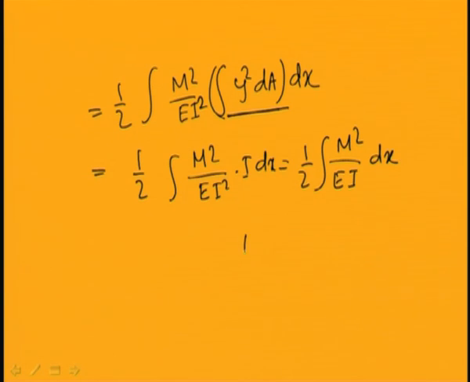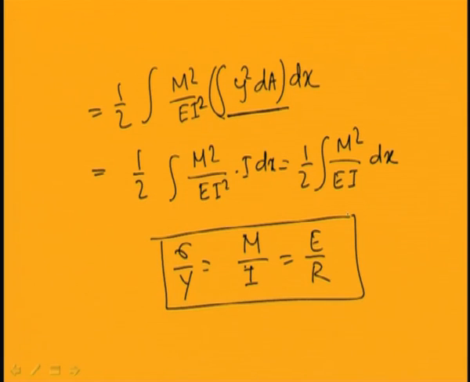But already we know M by I equal to sigma by y equal to E by R. This is the well known bending equation you have studied in strength of materials. So, for this M I can substitute M equal to E I by R, but this 1 by R, the curvature, can be written as del square u by del x square.